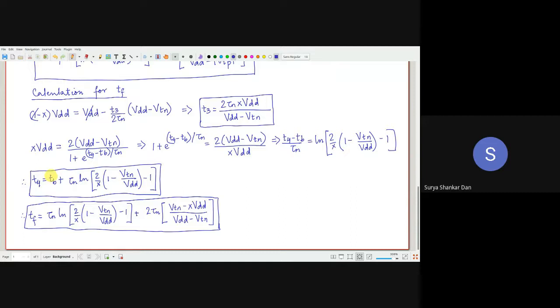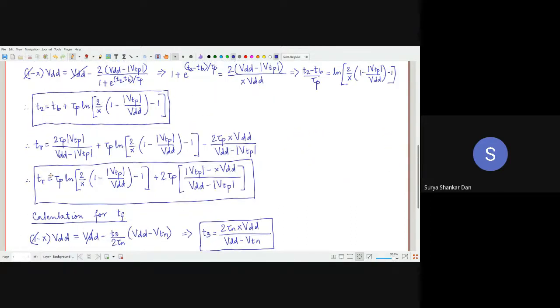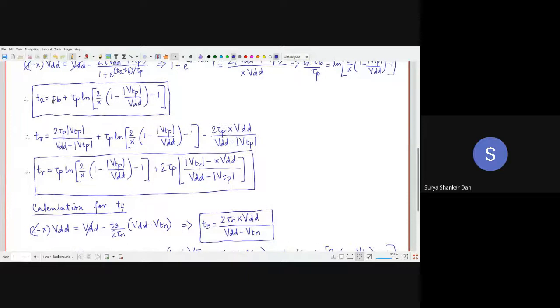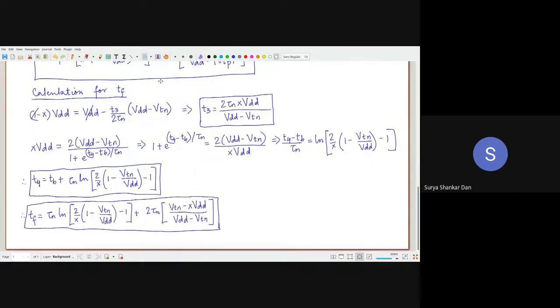Again, as expected, this T4 is very much similar to T2. Notice TB. If you notice, tau n is replaced by tau p, ln 2 by x, 1 minus VTN is replaced by mod of VTP, and this.